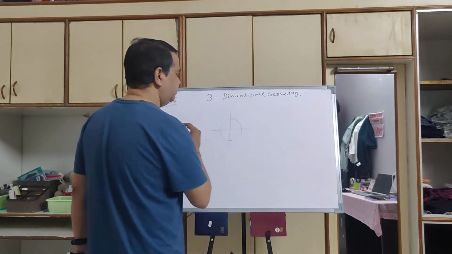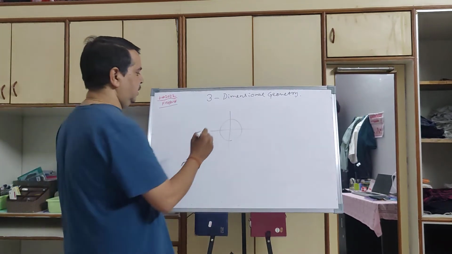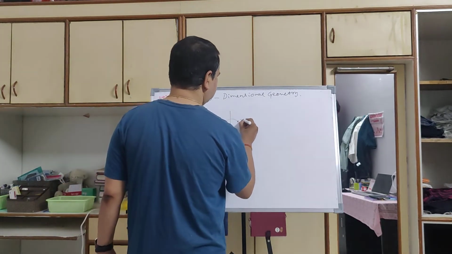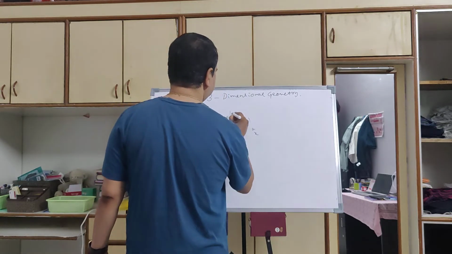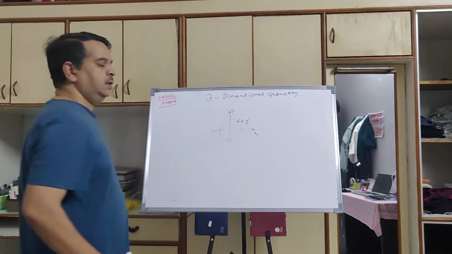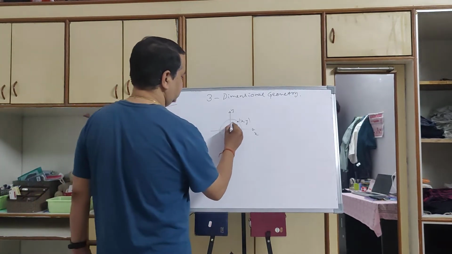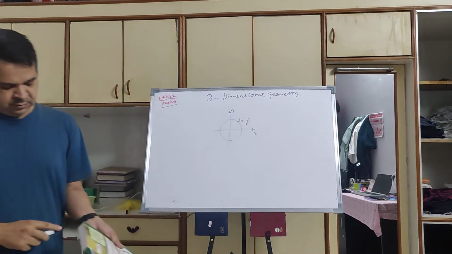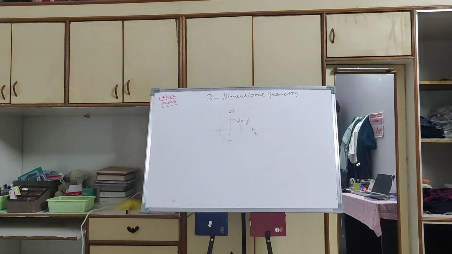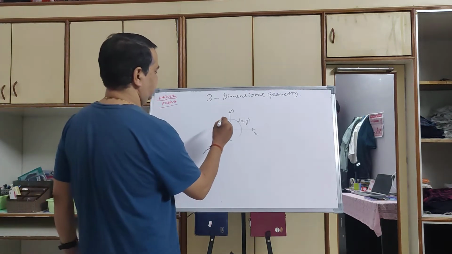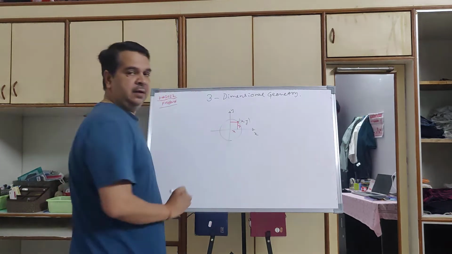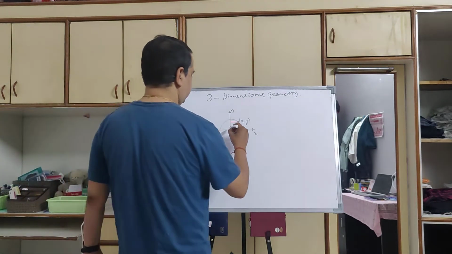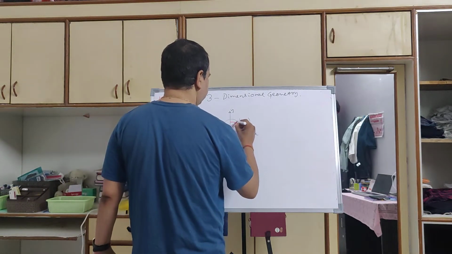So let us say this is my circle. Any point on the circle has coordinate x, y. Why? Because this is x, this is y. And the radius of this circle is r.